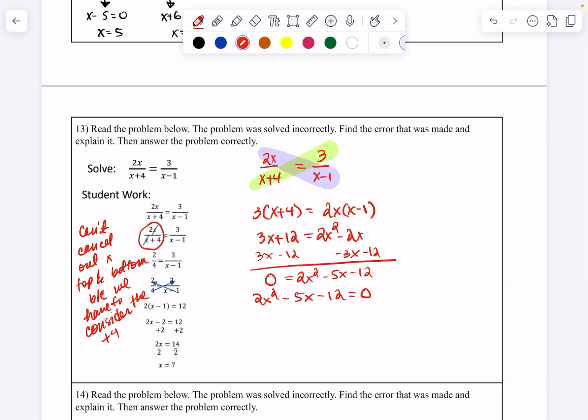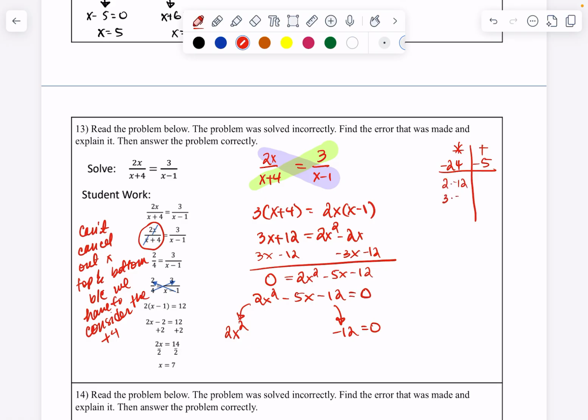Okay, so now we have to find two numbers that multiply to, let's make our table, 2 times negative 12, so multiplies to negative 24, and adds up to negative 5. So we have 2x squared, and then we have a negative 12 equals 0. I can't think of those numbers. So let's see, 2 times negative 12, that's not going to work.